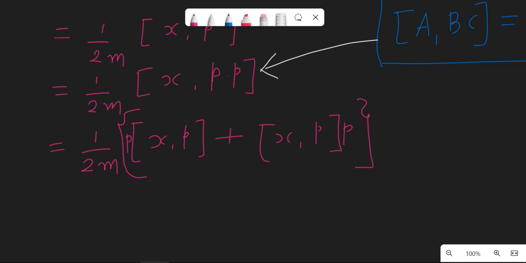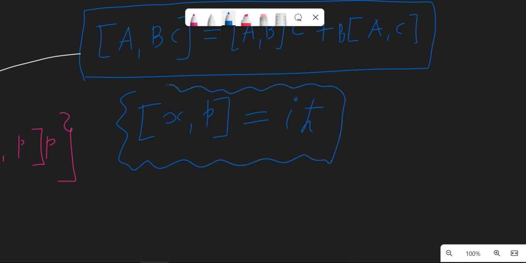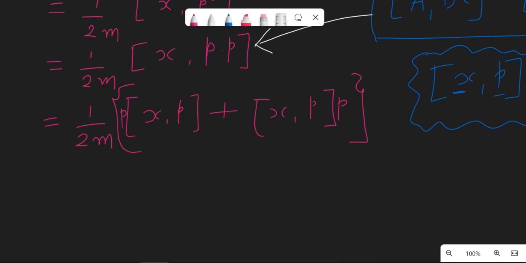Also, I have to give you the x comma P relation, though I think you know this from elementary quantum mechanics. x comma P is equal to i h cut. This is your commutation relation of position and momentum. So I substitute this value here.